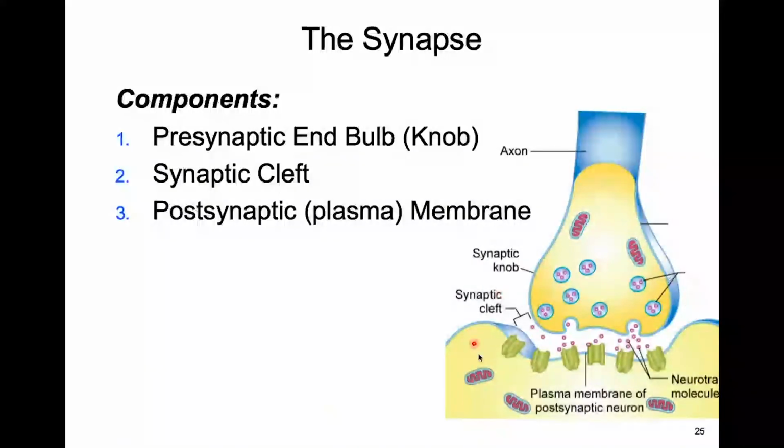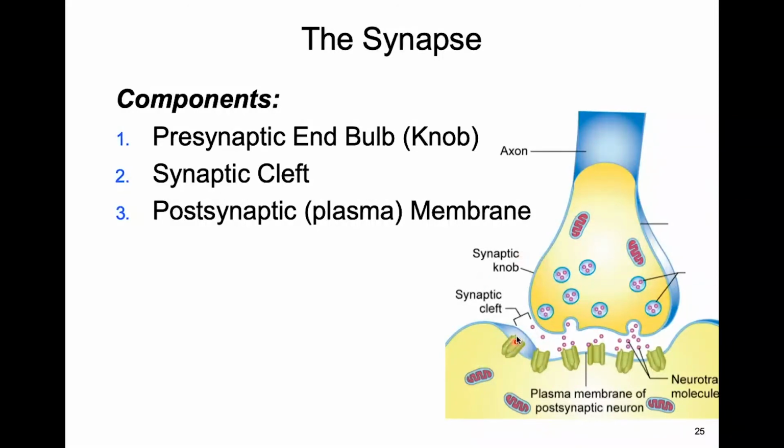Within this connection, the synapse, we're going to have the presynaptic neuron, which exists before the synapse, and then you'll have the postsynaptic neuron, which exists after the synapse. So the synapse is the connection that the pre makes with the post. The structures that are connecting: you have the presynaptic end bulb, which is the end of that terminal branch from the presynaptic neuron.